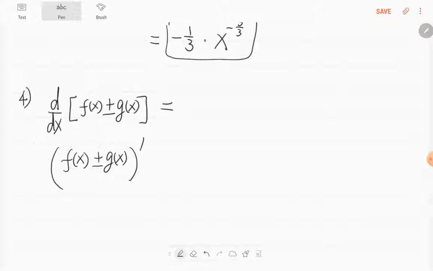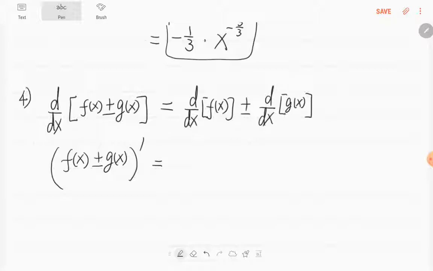It's equal to the derivative of f plus or minus the derivative of g. In prime form, it would be f prime plus or minus g prime. That means if the relation between two functions is a subtraction or a summation, you can distribute the derivative to each one.